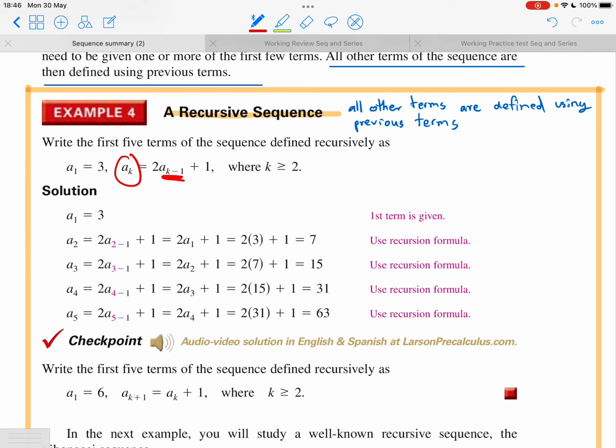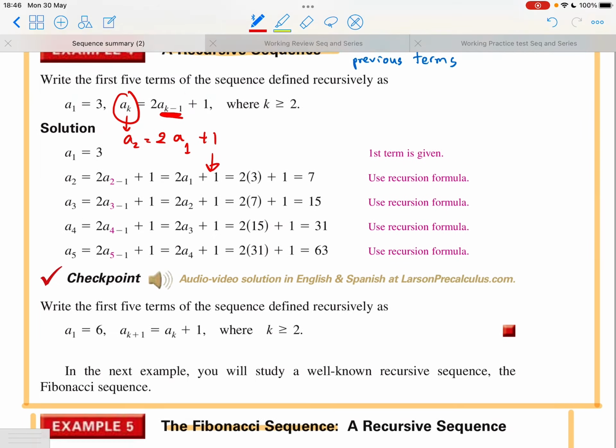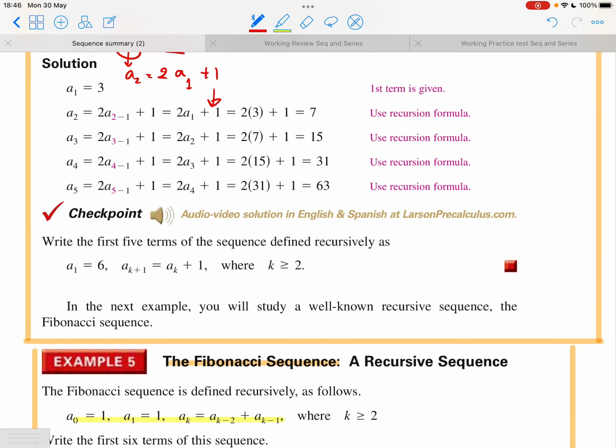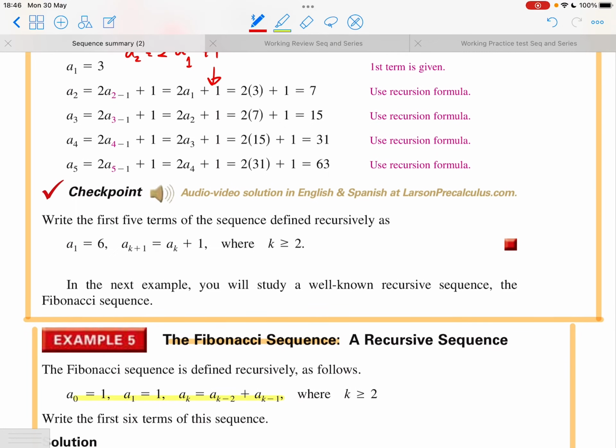In this case, a1 equals 3, ak equals 2 times ak minus 1 plus 1. So a1 equals 3, then a2 equals 2 times a2 minus 1, which is 1, plus 1. And then go on and on. So this is a recursive formula.